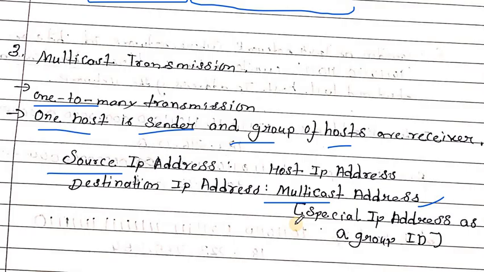Multicast address means this packet can be transmitted to all the hosts of that network, like a table key, in which there is one sender and the receivers are all.